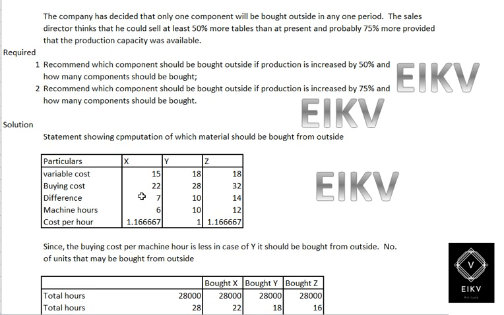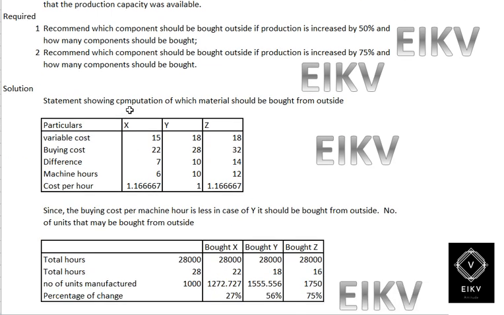So going ahead with the solution, first of all we need to prepare the statement showing computation of which component should be bought from outside. For that, we have to check the opportunity cost per hour. I have taken the three components X, Y and Z. Variable cost will be 15, 18 and 18. Buying cost will be 22, 28, then 32.